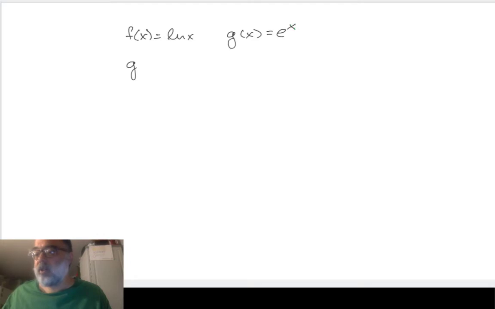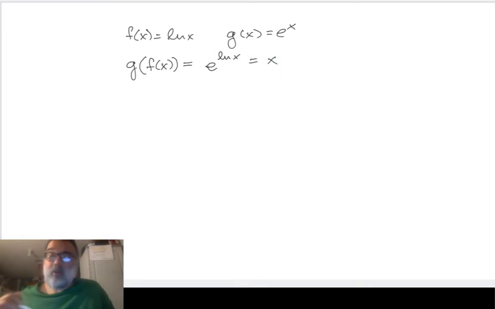So if we do g of f of x, but the main point is, right, thinking like a mathematician, these are inverse functions, so when we compose them, they just go back to where we started. We put in an x, we get out an x, because we did the f, then the g, or like on the previous slide where we did the g, then the f.